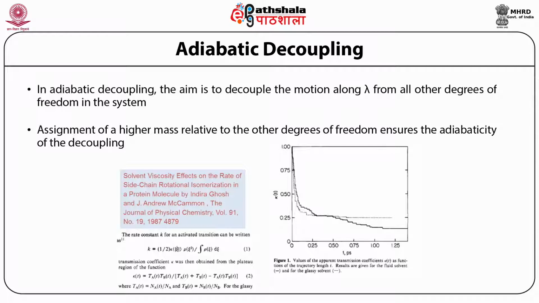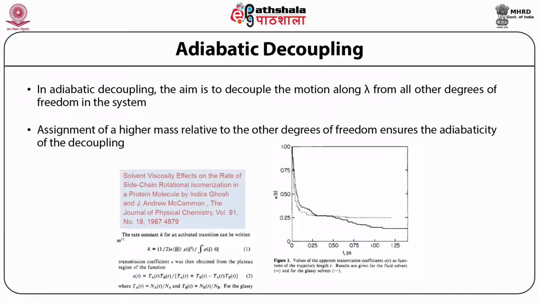So what we are trying to do is slow down the motions which are hydrogen-associated motions, which do not play any dominant role in this potential barrier across some of the dihedral angle or torsional angle space.